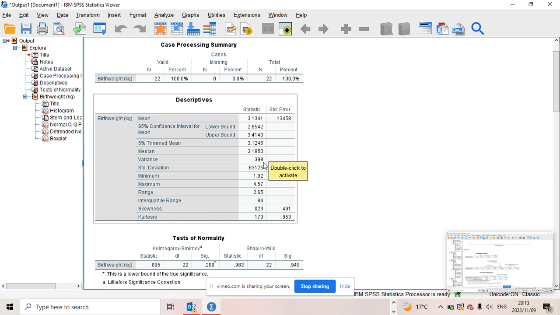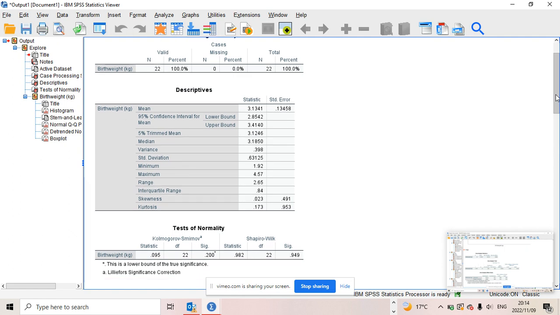Then you have the variance, the standard deviation, the minimum, which is 1.92, the maximum, 4.57, then the range. You have the skewness, which tells whether the distribution is positively skewed to the right or negatively skewed. Then you have the kurtosis, which measures the tail of the distribution in terms of establishing whether there are outliers.